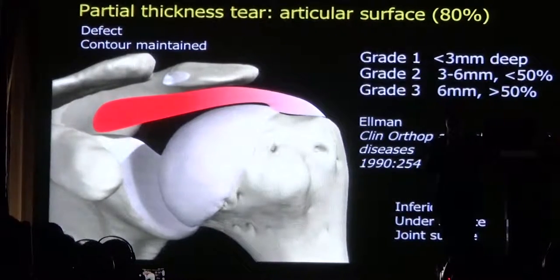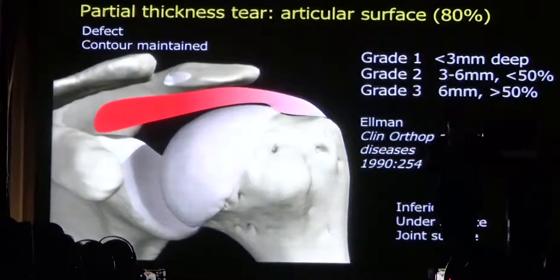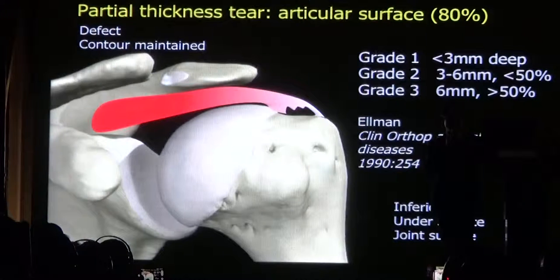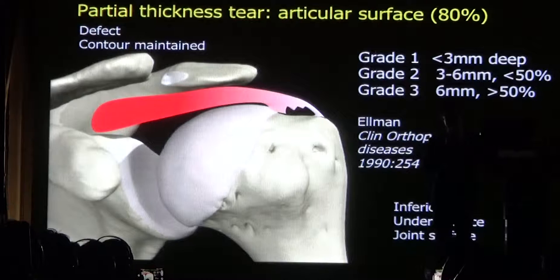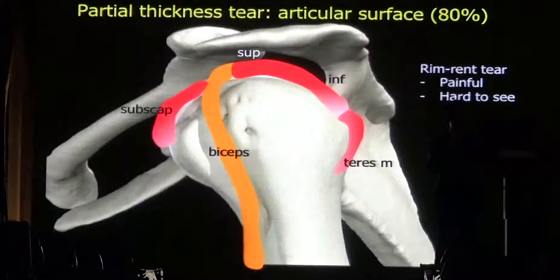And they are diagnosed by the presence of a defect, but the contour of the rotator cuff is maintained, so you can see the convexity of this border is maintained. And we know that there is a continuum between a partial tear going on to a full thickness tear.